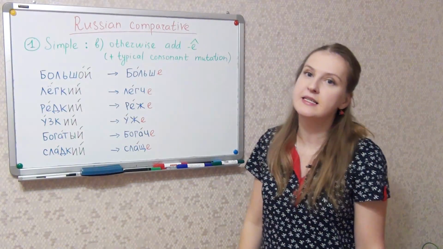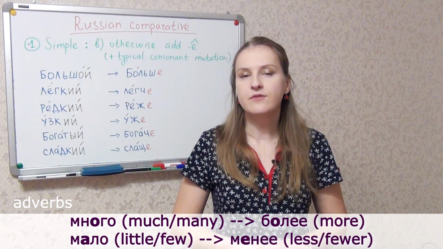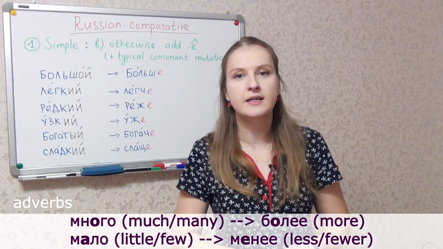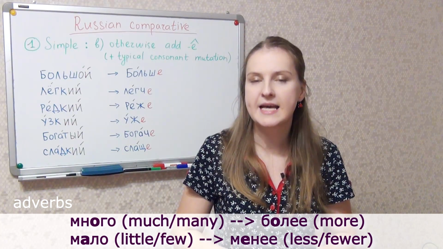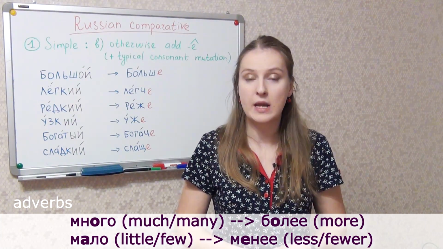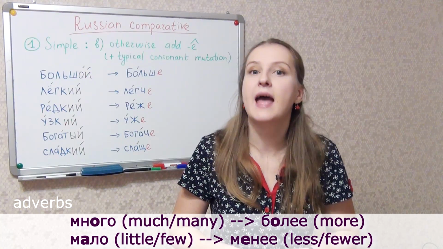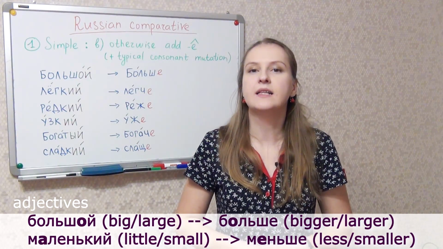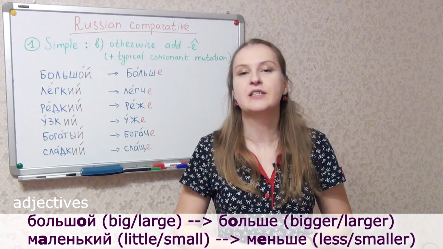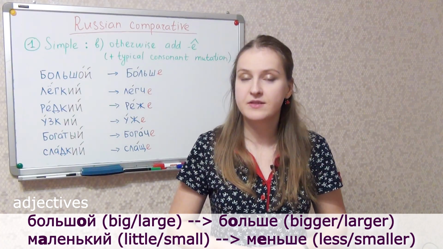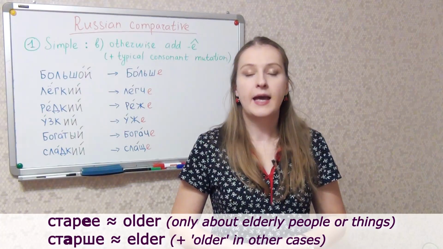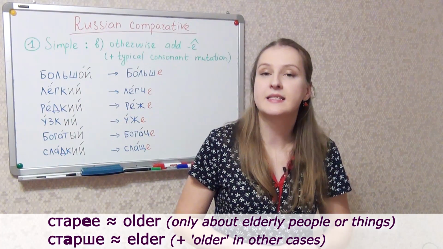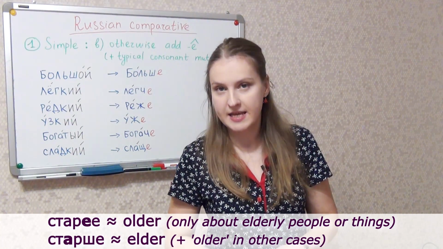Редкий, реже, близкий, ближе. The adverbs много и мало have the comparative forms of более and менее. So более and менее are adverbs, while больше and меньше are adjectives derived from большой and маленький. And let's compare старше and старее.